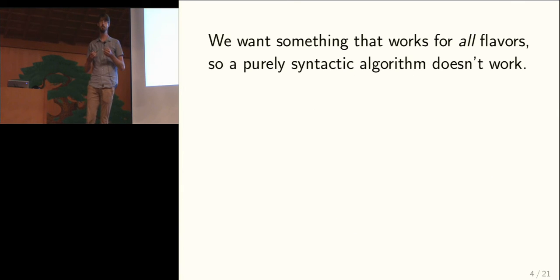In other words, we want a unification algorithm that works for all possible flavors. To do so, the main idea in this talk is that we demand internal evidence of the unification process.